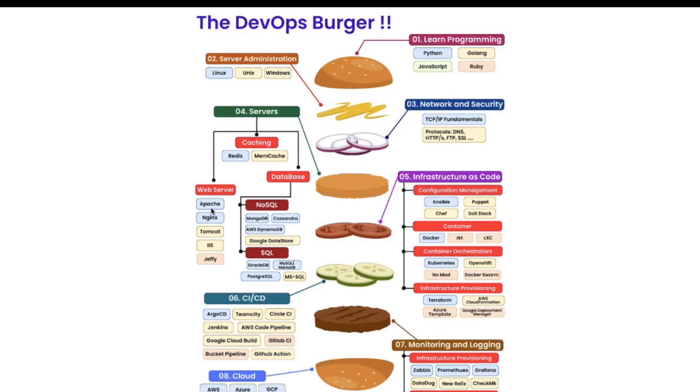So in the servers, you will see one more option like web server. We need to have understanding about Java, Nginx servers, Tomcat servers, and IIS, Internet Information Services. So those kind of things we need to have the basic knowledge. So next layer is infrastructure as code, where we will do the configuration management for the infra resources.